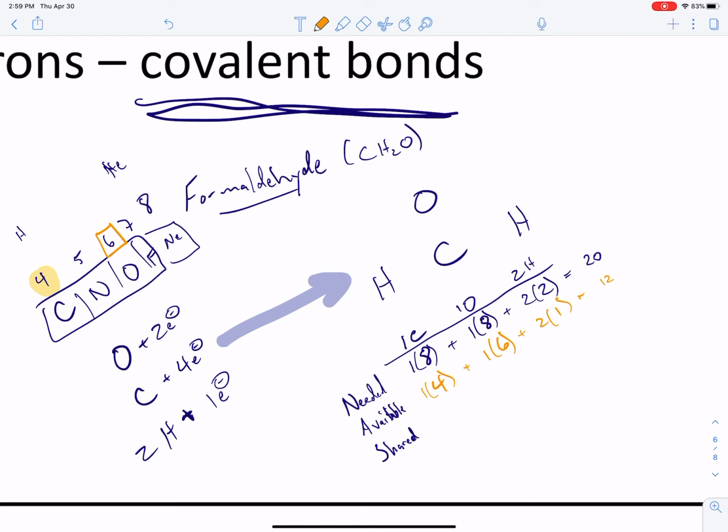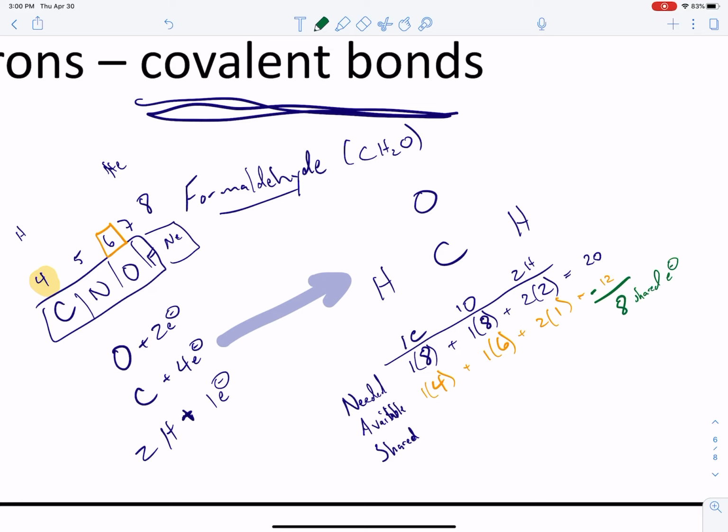To get the shared, this is what you do. You subtract the available from what's needed, and you get 8. So you have to have 8 shared electrons. And if you'll recall, if you put 2 shared electrons in close proximity, we call that a bond.